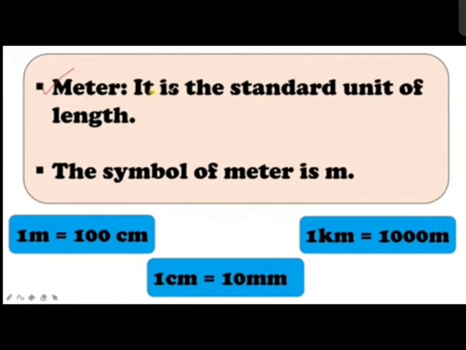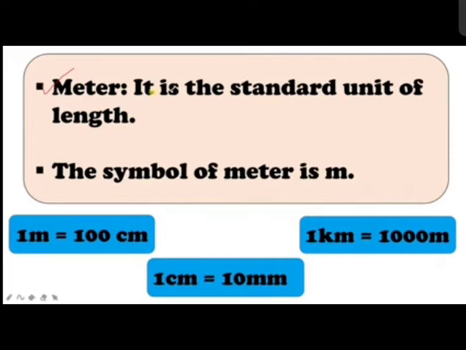So we have discussed in our previous video that there are some units which are used in all the countries of the world for some physical quantities like length, time, mass and temperature.